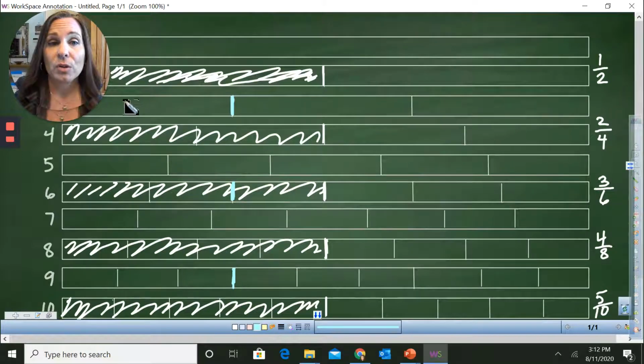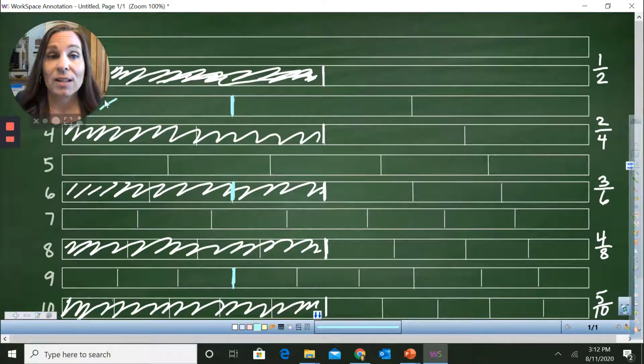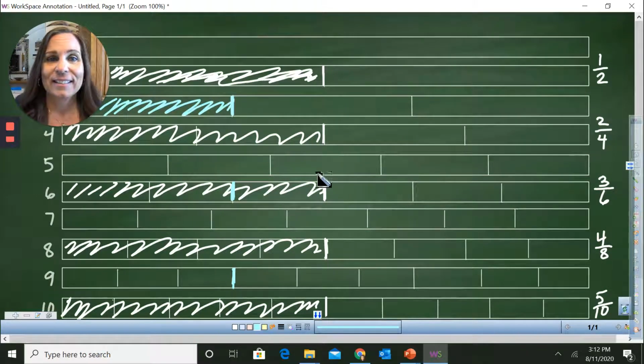So on the 3rd strip, when I shade in that one piece, I'm shading in 1 out of 3. On the 6th strip, where I shade in 1/3, I'm shading 2 out of 6.